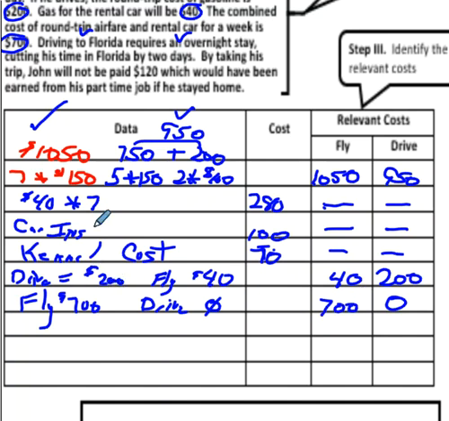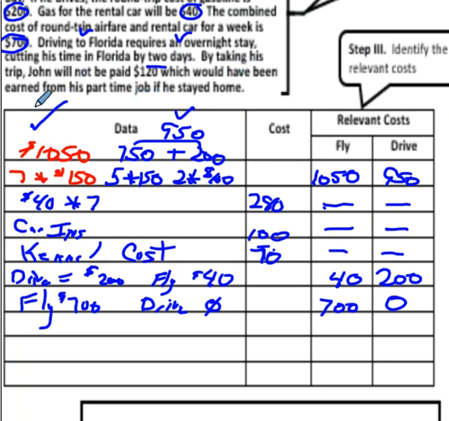Okay, now it also says driving to Florida requires an overnight stay, cutting John's time in Florida by 2 days. But the truth of the matter is there's no cost associated with that. It's just John's time.